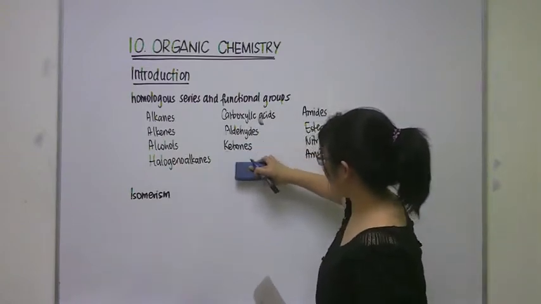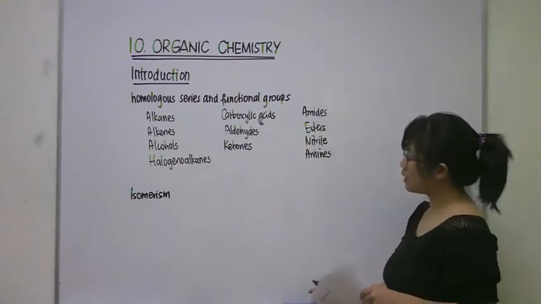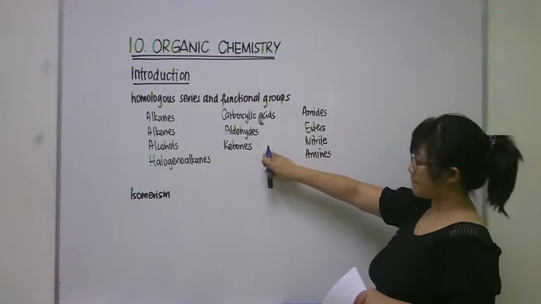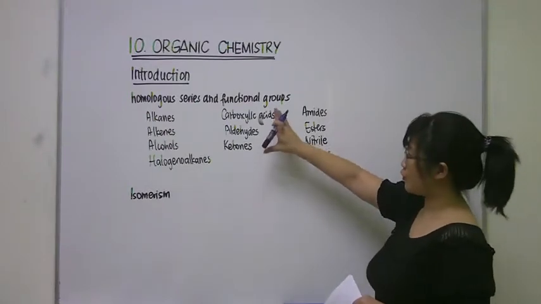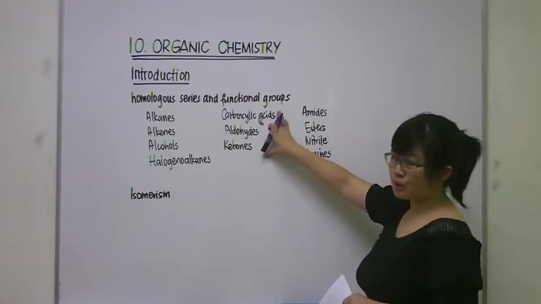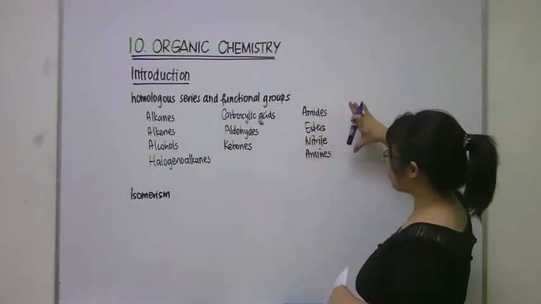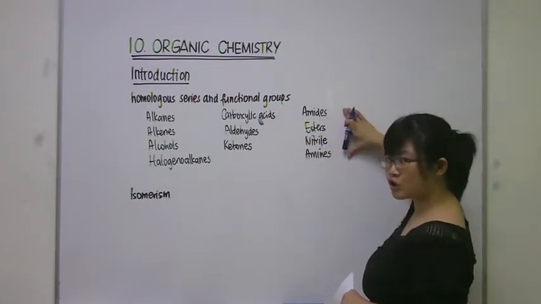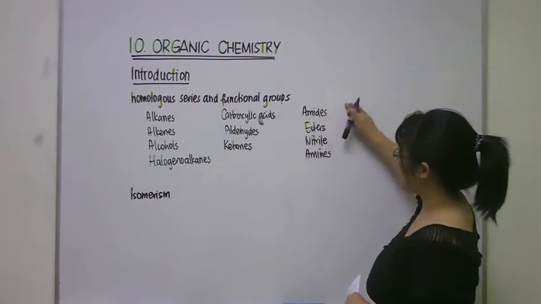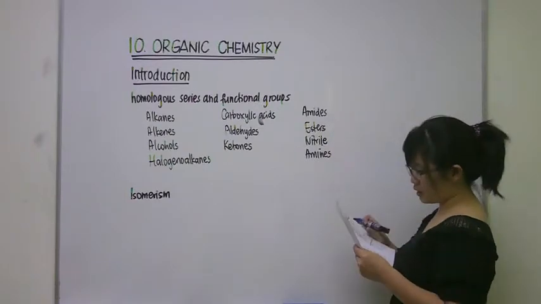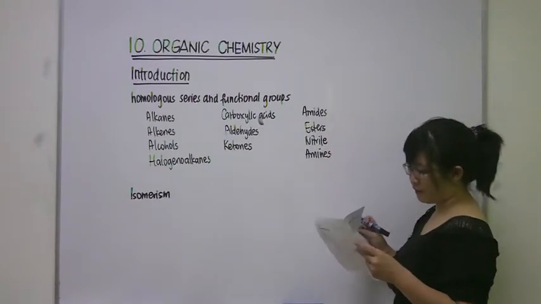So for standard level, they need to be able to name and draw the structures for these 7 functional groups. For the high level, they need to draw the structure and name these 4 additional functional groups.